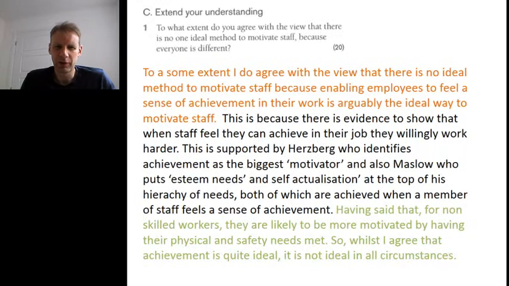So really the point is that there is no ideal method to motivate staff. So it's agreeing with the statement to some extent.